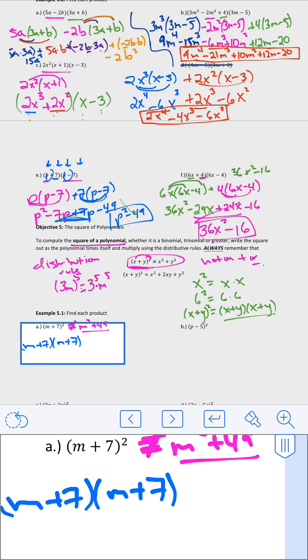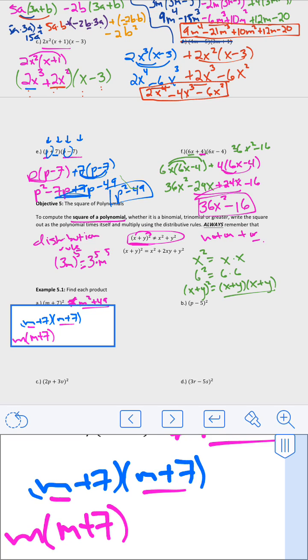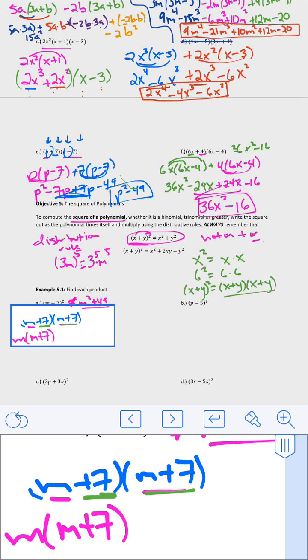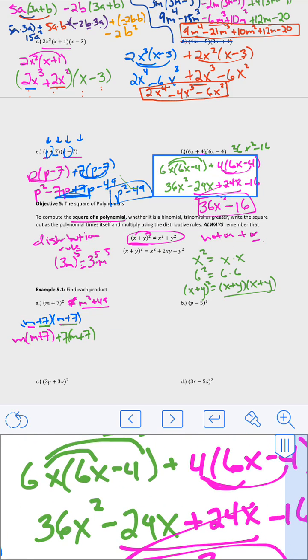And then I'll break this apart. So I've got this first binomial of m multiplied by this side, so m times m plus 7. And then I've also got this second part, 7 times m plus 7. So I've broken it up just like we did before, just like if they were different.